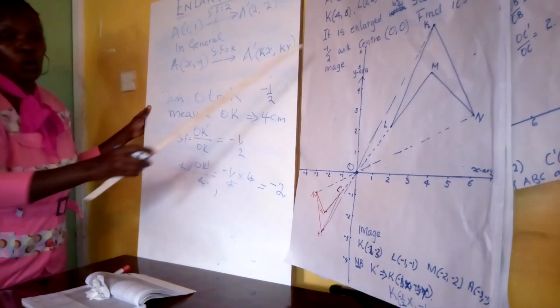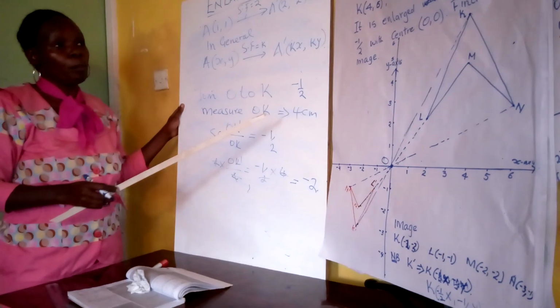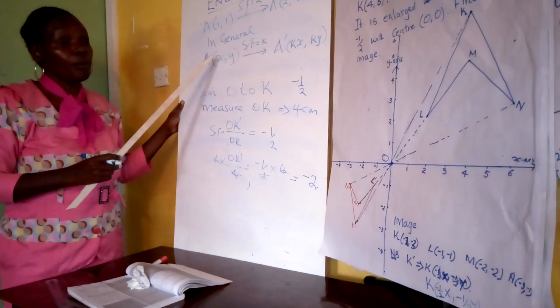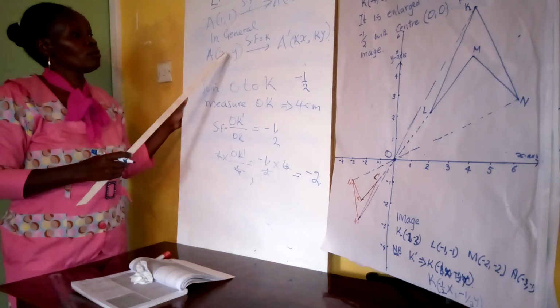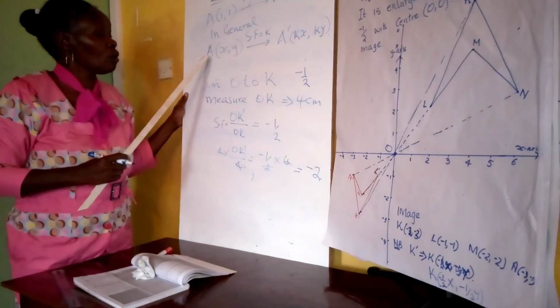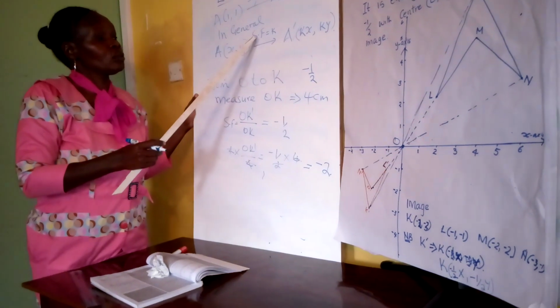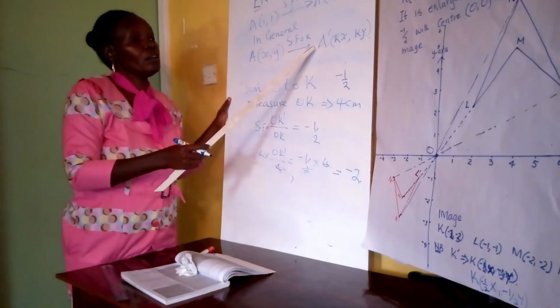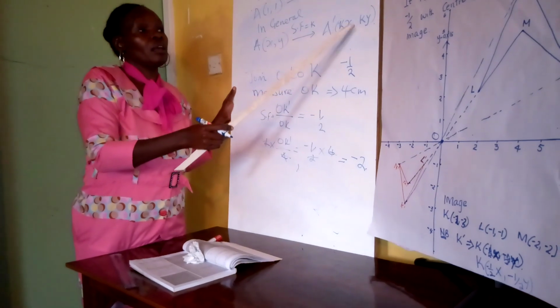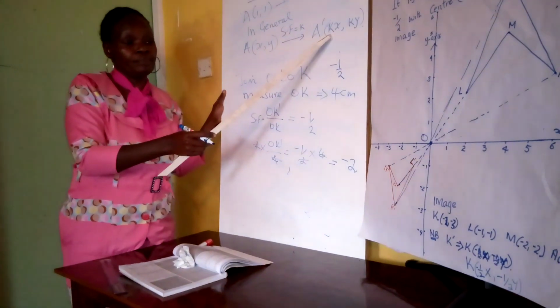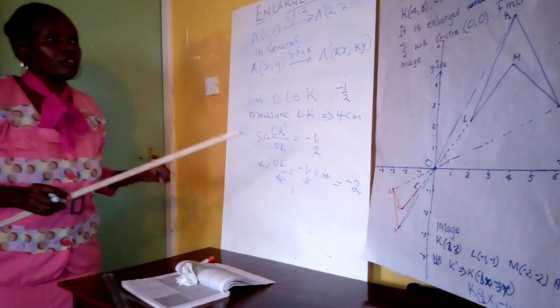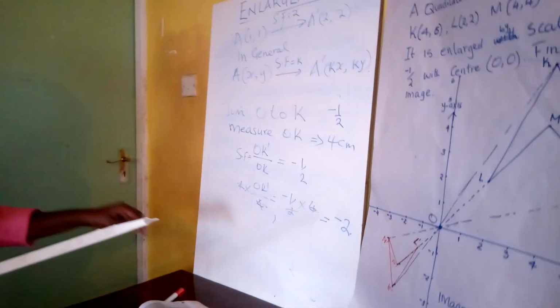So it also obeys our rule that when we have a point A with (x, y) and we are enlarging with scale factor K, then the image is (Kx, Ky). Now we are through with our examples.